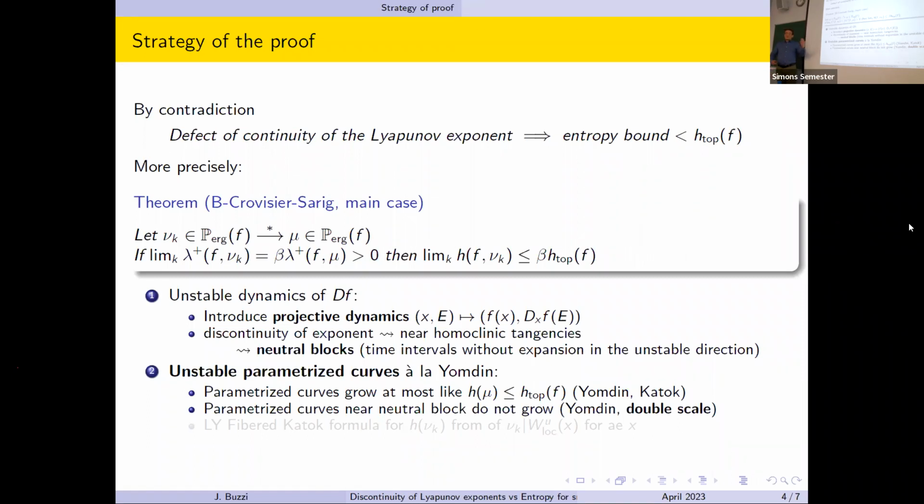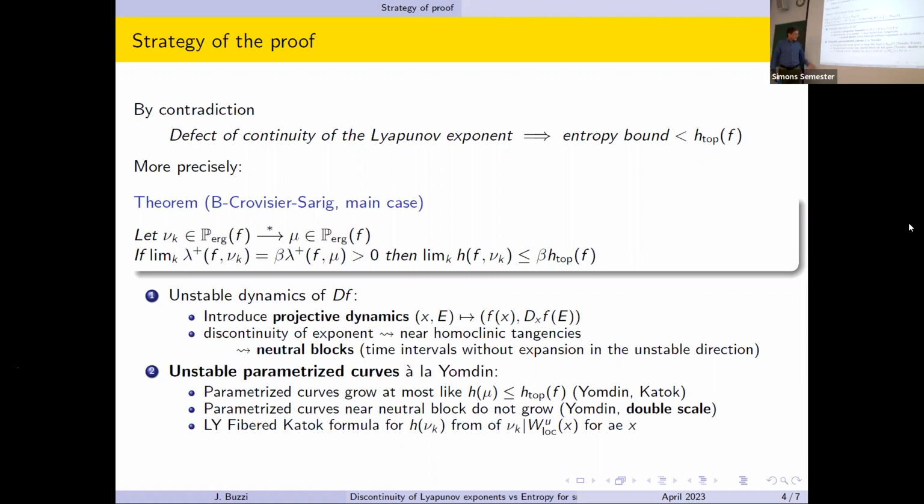And there is no reason why this modulus of continuity is good. In fact, we are approximating a measurable function, so probably it's not good at all. So we need a scale on the surface which is much smaller than what we need on the projective bundle. So this will lead to the introduction of this double scale. Anyway, that's where you suffer, or at least I.